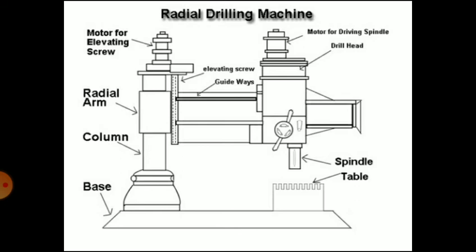Then on the vertical column the radial arm is mounted, and on the radial arm there is a drill head that can be moved horizontally along the radial arm. That is one more additional adjustment that you can make in a radial drilling machine. The drill head can be moved horizontally, which is not possible in other types of machines.